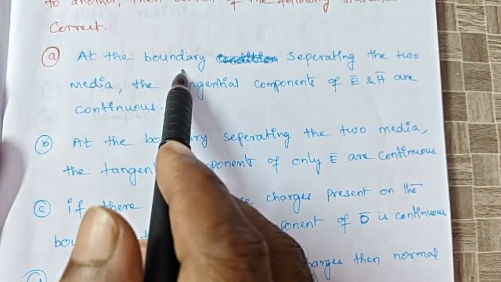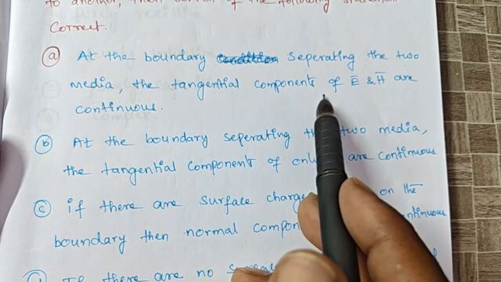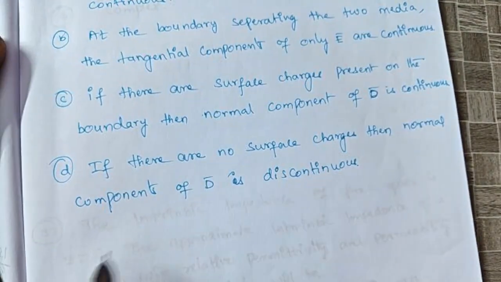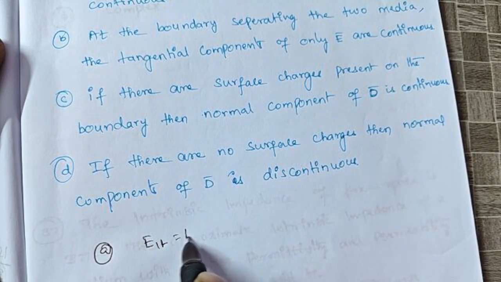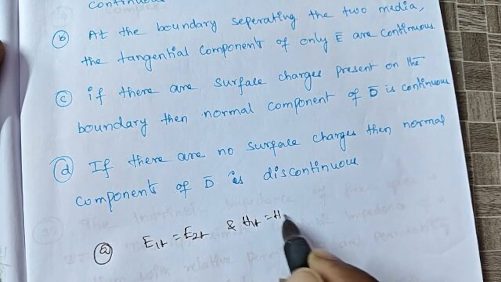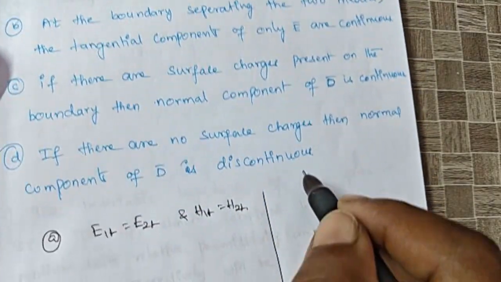The first option: at the boundary separating the two media, the tangential components of E bar and H bar are continuous. That means option A is telling E1t equals E2t and H1t equals H2t. Okay, what are the actual boundary conditions?